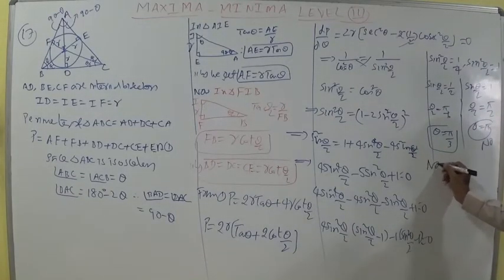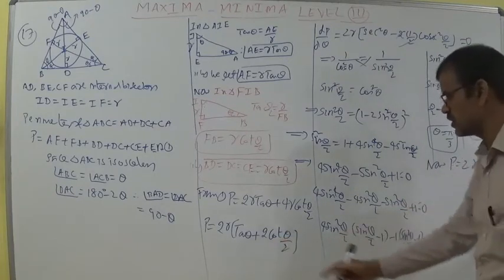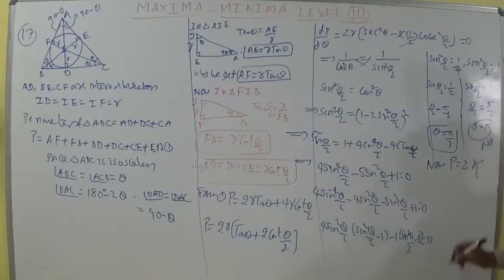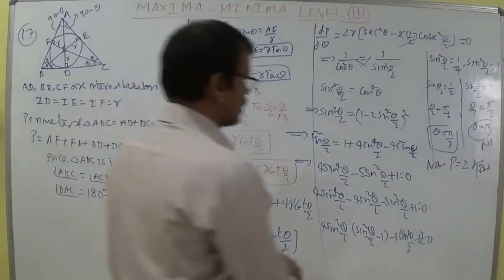Now I am writing. Now P is equal to 2r into what is the value here? Tan theta. 2r into tan theta means tan 30. Tan 30 value is 1 by √3 and cot theta, cot 30, that is √3.